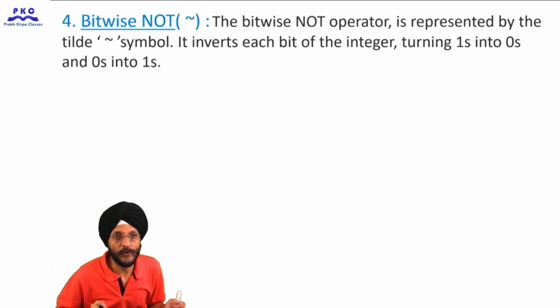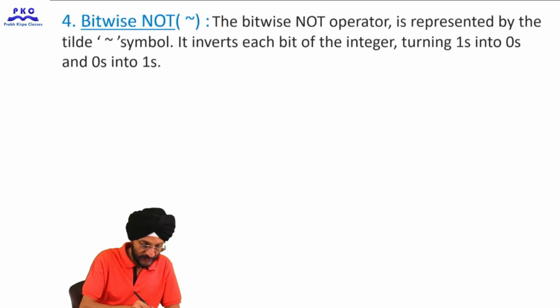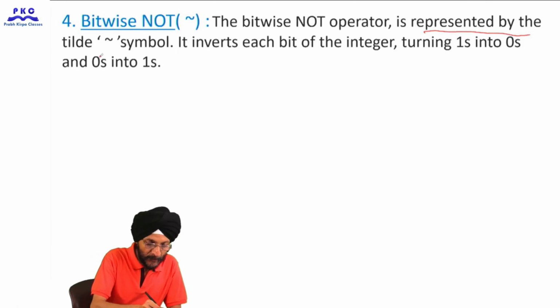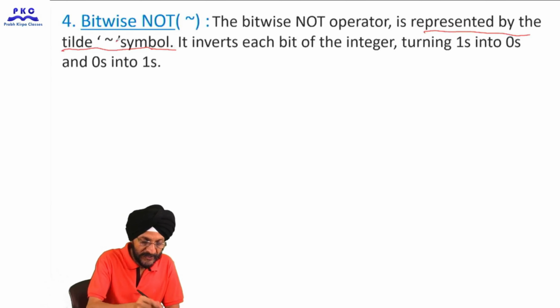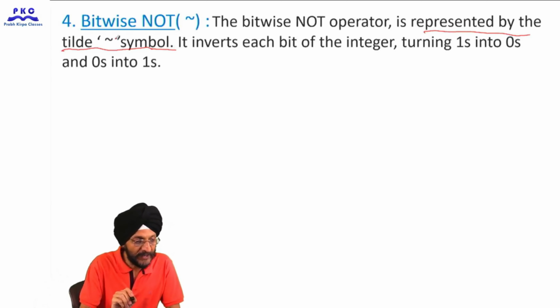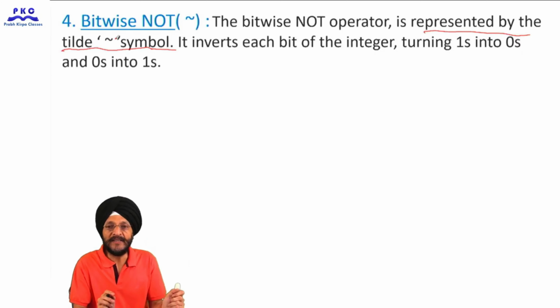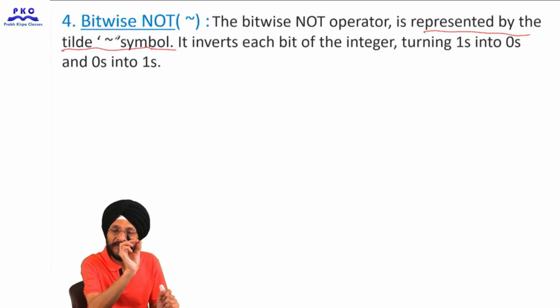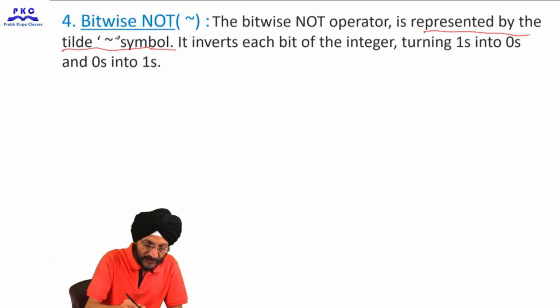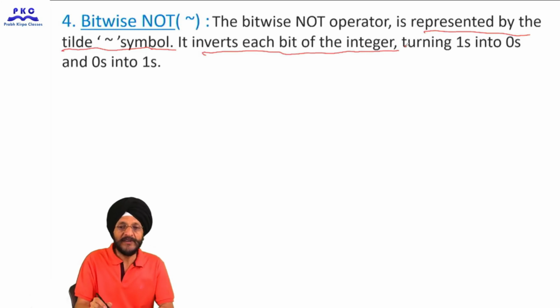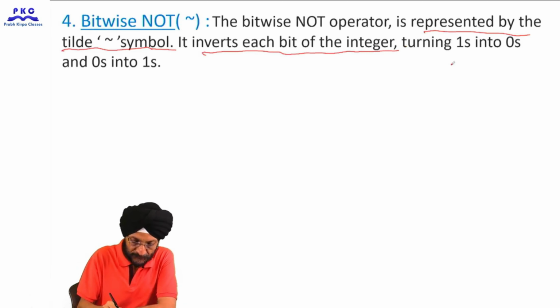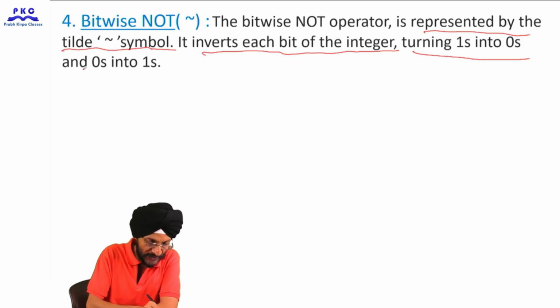Now the bitwise NOT operator. The bitwise NOT operator is represented by the tilde symbol. This tilde symbol is given on our keypad on the left hand side of the key 1. This bitwise NOT operator inverts each bit of the integer, turning ones into zeros and zeros into ones.